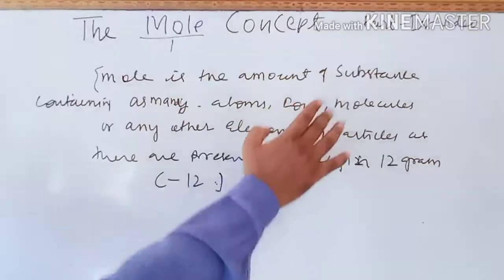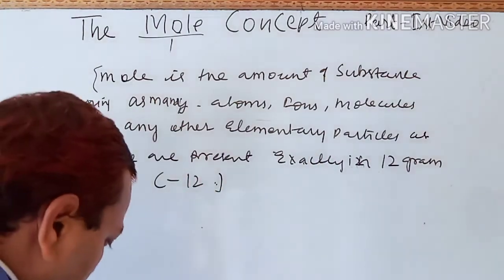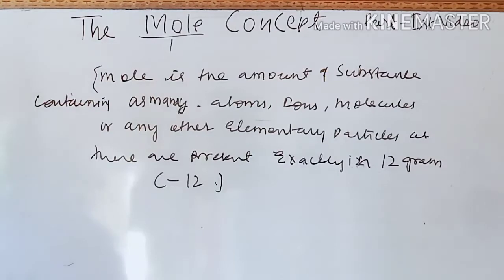It is the amount of substance containing as many atoms, ions, molecules or any other particles as are present in exactly 12 gram of carbon 12 atom. So this is a standard definition, children.